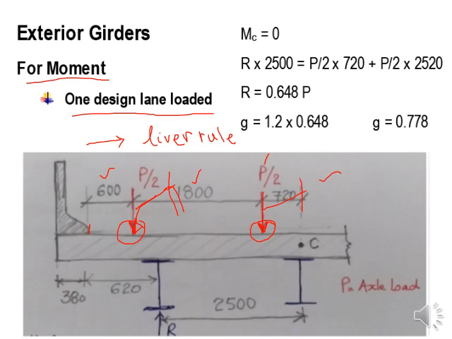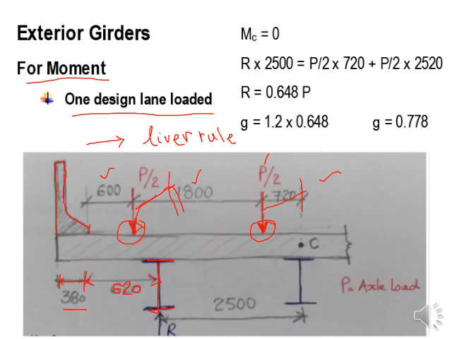Okay, so we have the girders. So place the girders. This is your first girder, the exterior girder. This overhang we have calculated equal to 620 millimeters, and this curb distance, the barrier and curb, is 380 millimeters. So the barrier is a part of the curb, meaning from the curb you are just increasing the thickness and then adding a curb fence or barrier into it.